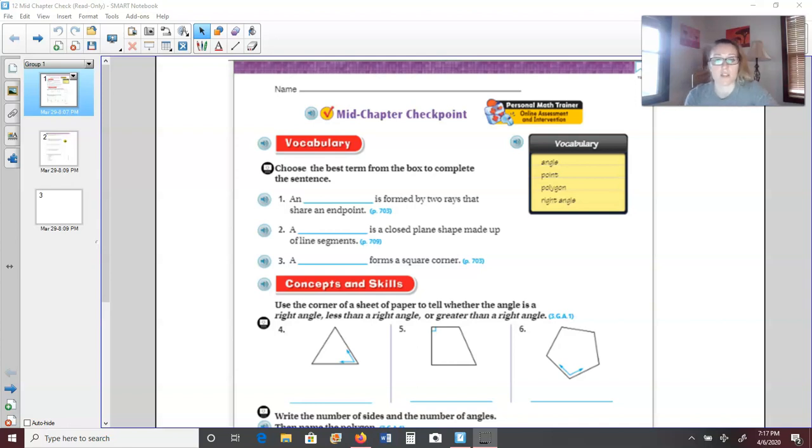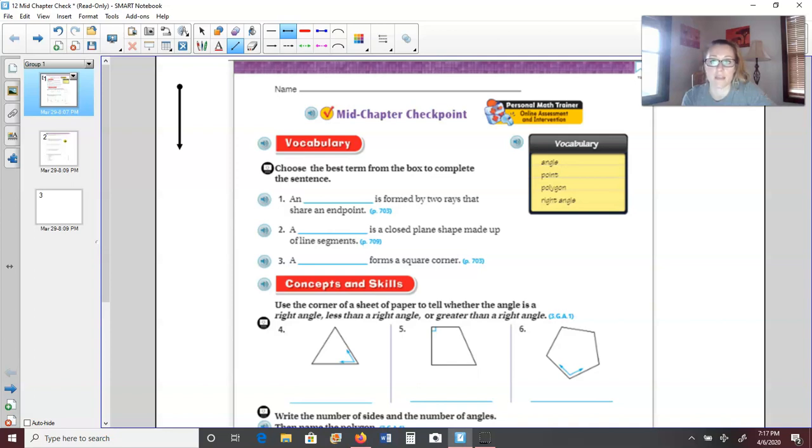721. To start, we're going to review some of these vocabulary words from our box: angle, point, polygon, and right angle. A blank is formed by two rays that share an endpoint. So I'm going to draw a ray. If you remember, a ray goes on and on and on in one direction, as shown by the arrow.